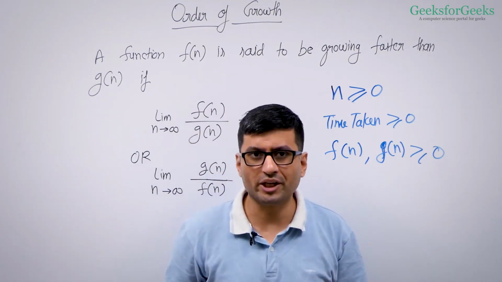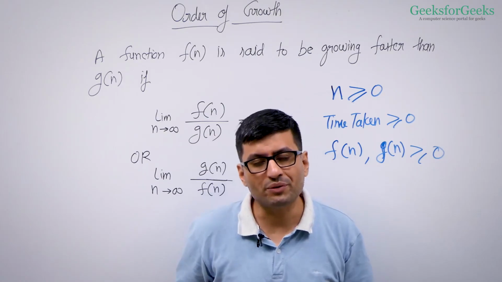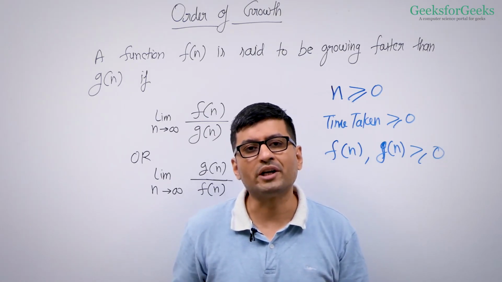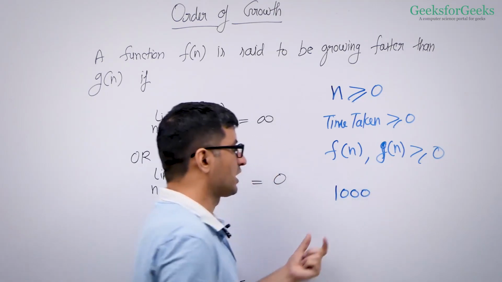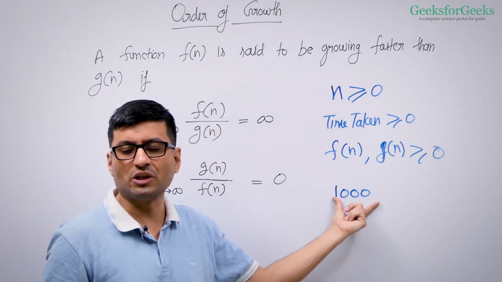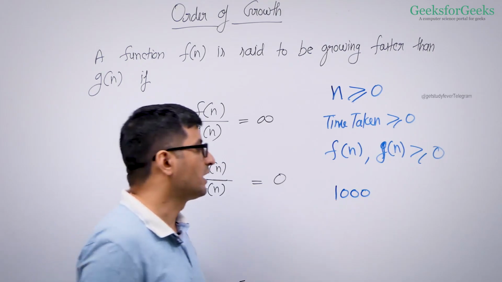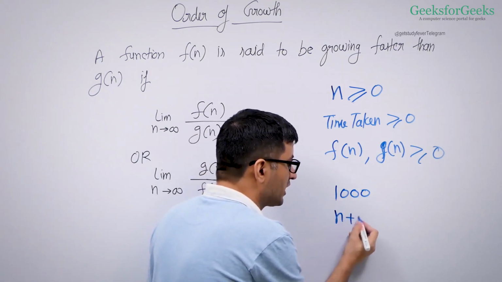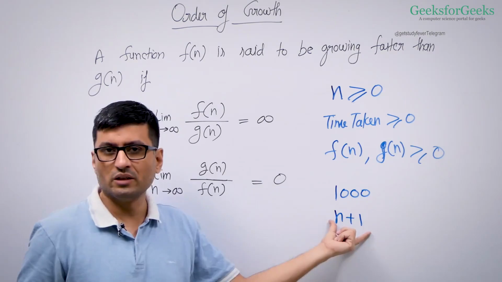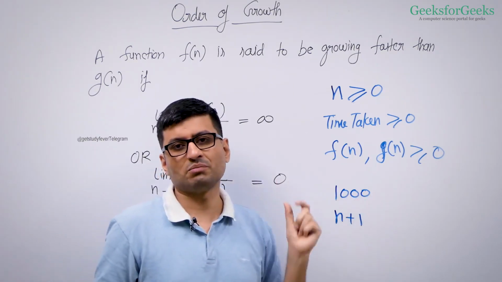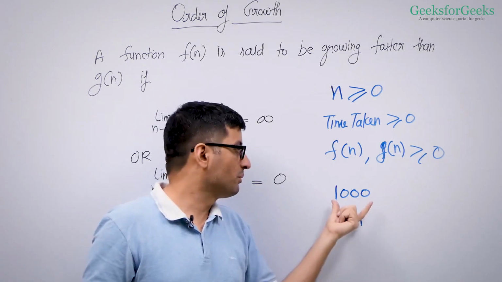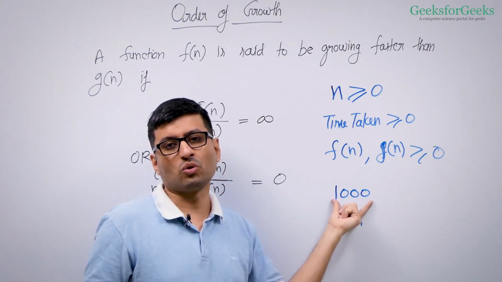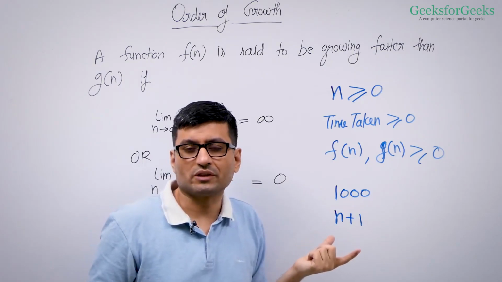However, this has some limitations. If you remember the previous example, we were comparing 1000 with n plus 1. Say an algorithm takes 1000 instructions or 1000 units of time, and another algorithm takes n plus 1 units of time. This 1000 may be higher because it is probably implemented in a programming language that takes more time, or it's running on a slower machine.